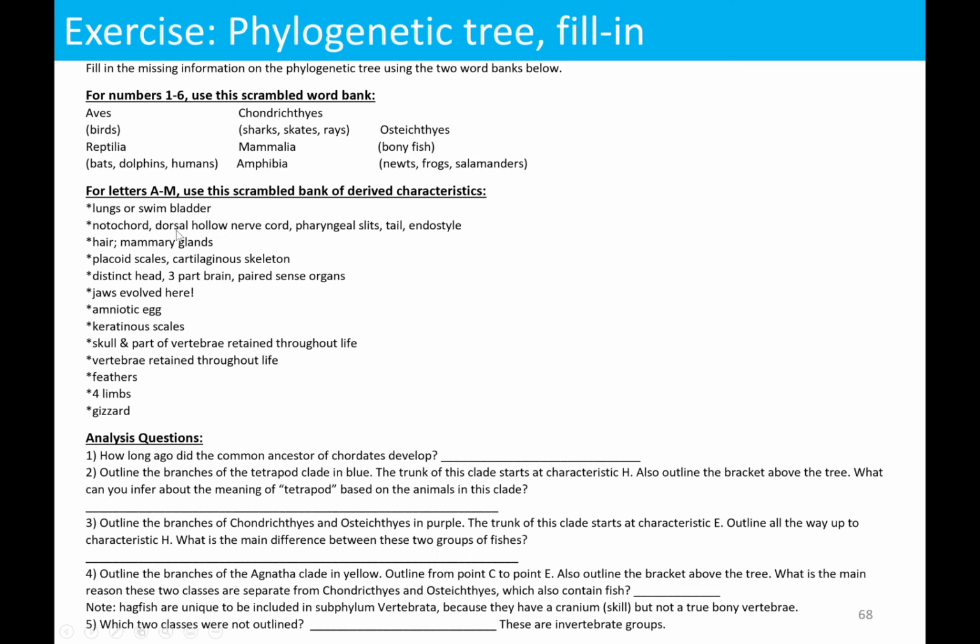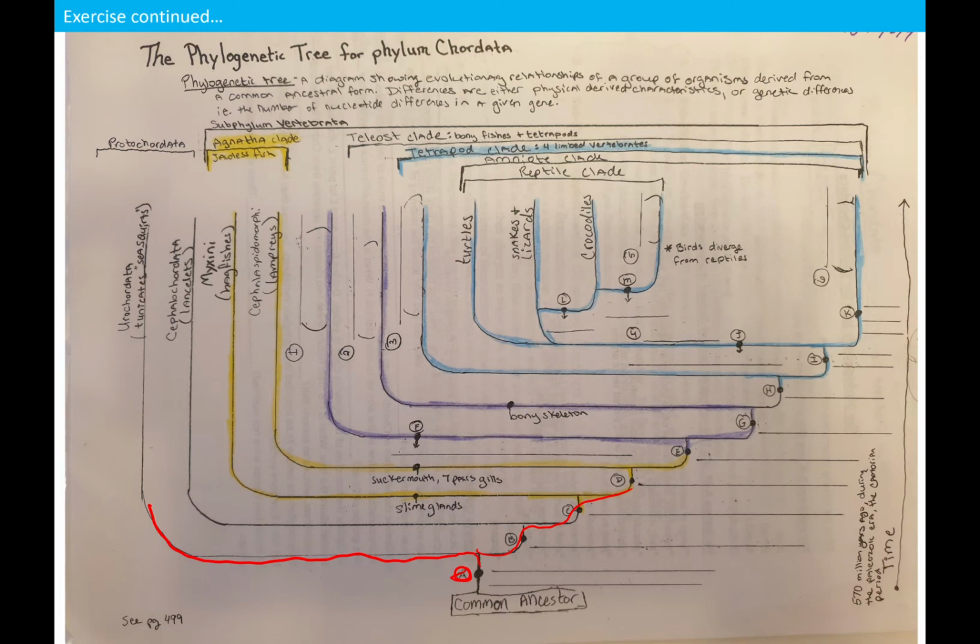Then I have notochord, dorsal hollow nerve cord, pharyngeal slits, tail, endostyle. Now those, as we learned in a previous lesson, are characteristics of all chordates. That seems to fit a description of all of these animals, so that would be the characteristic of all of them. So I'm going to put that here: pharyngeal slit, tail, etc. We're going to list all of those.